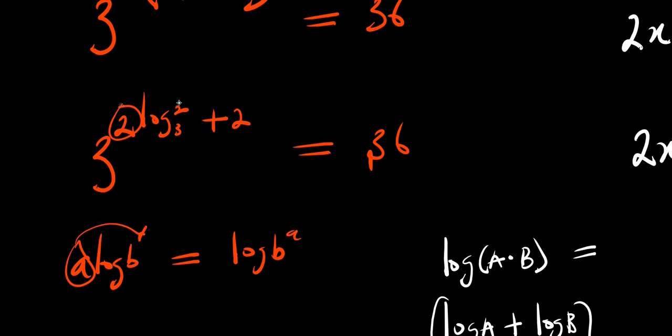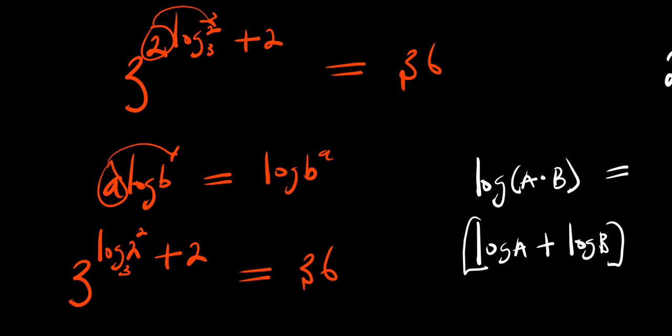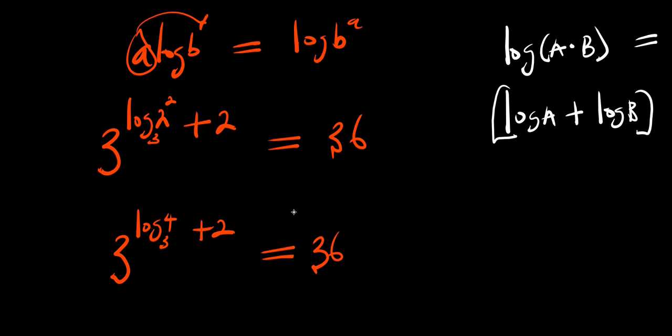So this comes over here. We have 3 power log 2 power 2 to the base of 3 plus 2 equals 36. This is 3 power log 4 to the base of 3 plus 2 equals 36.